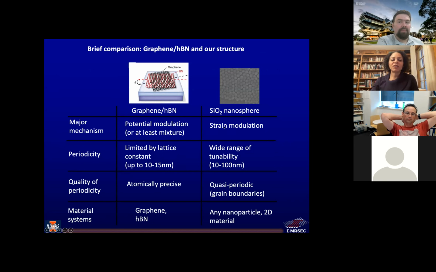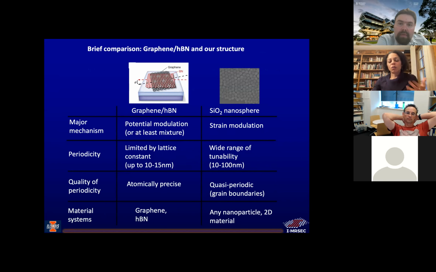And I'll show you why we believe it's a pure strain modulation. We have a wide range of tunability of periodicity if we have different underlying nanoparticles. It's not atomically precise, which is why it's not perfect, but we can use any material to get this sort of superlattice. We can use any nanoparticle or any 2D material just to get this sort of behavior.